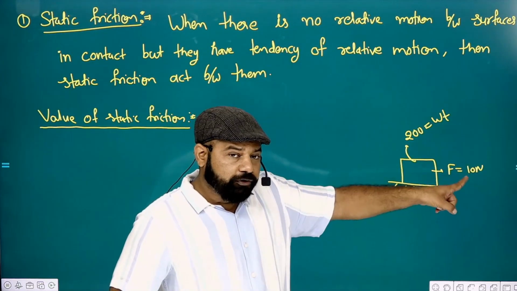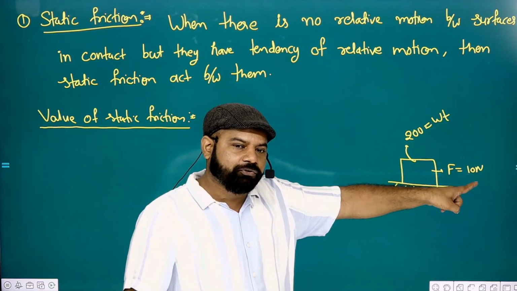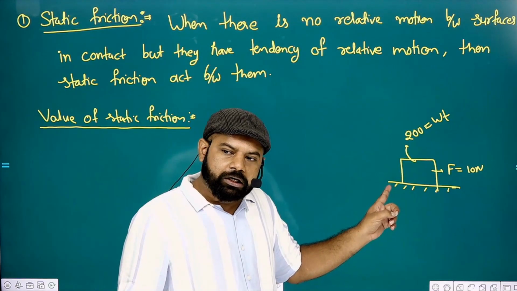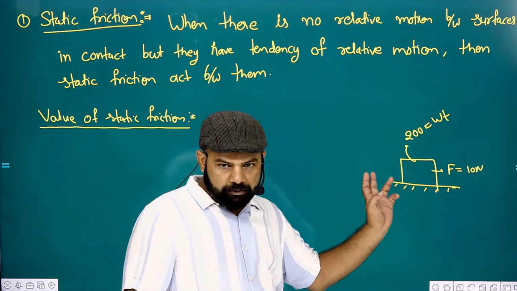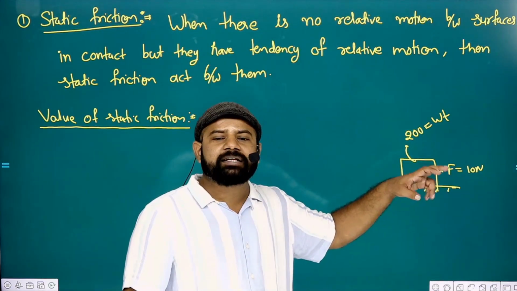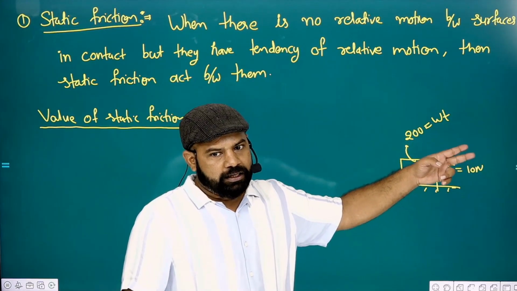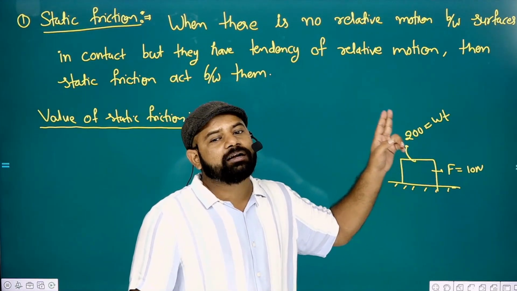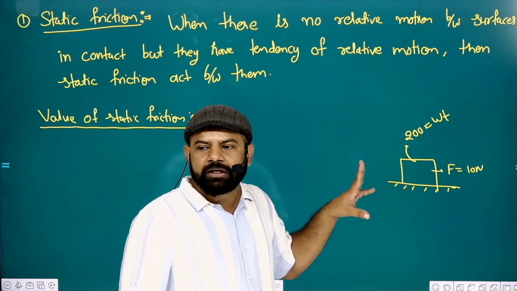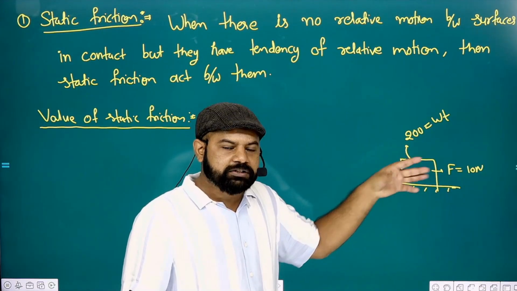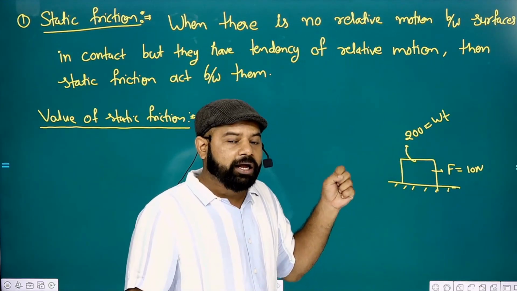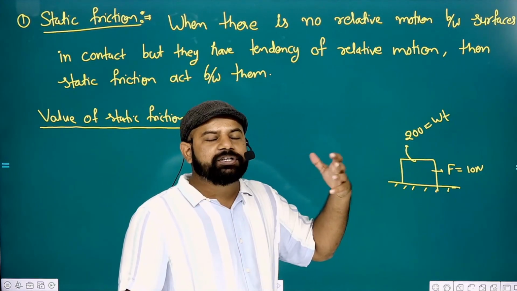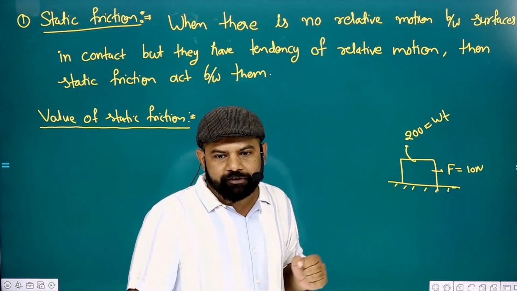Now if we keep on increasing this force F, static friction goes on increasing with the value of this force, but there is a limit, right? When movement of this box starts, at that moment there will be no sufficient friction to oppose that motion. It means it has exceeded the maximum value of static friction.